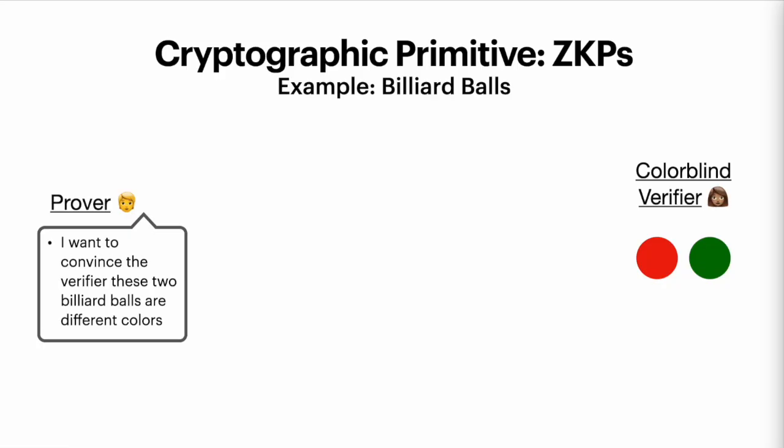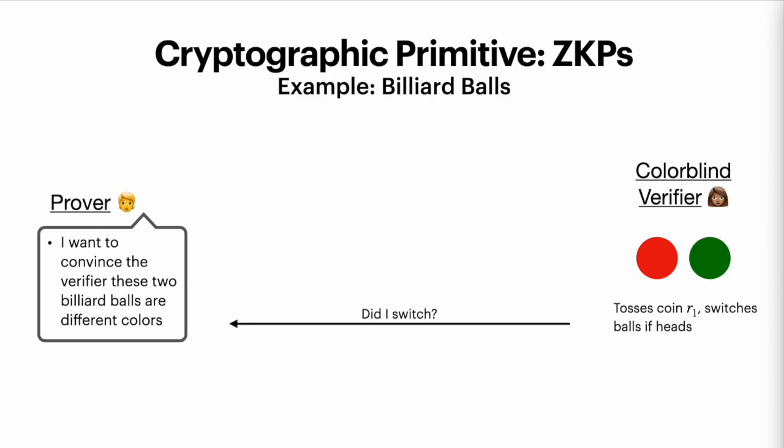On the other hand, if they were the same color and hence indistinguishable, there's no way you could guess correctly with probability higher than 1/2. He can just toss a coin and switch the balls if it's heads, and then ask you, did I switch? And then you reply yes or no. Now, maybe you do this once correctly and he's not convinced.